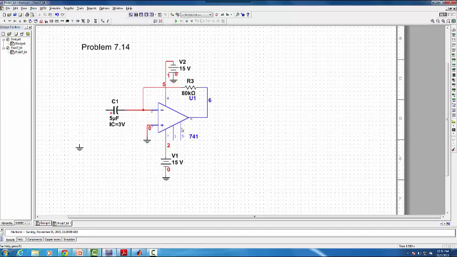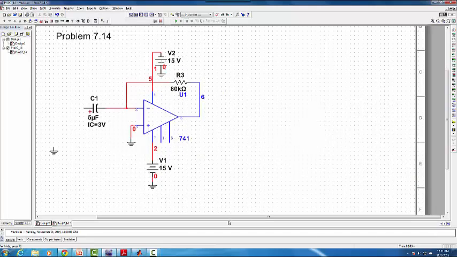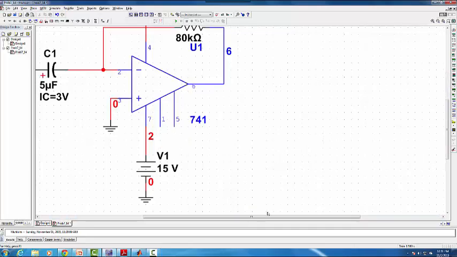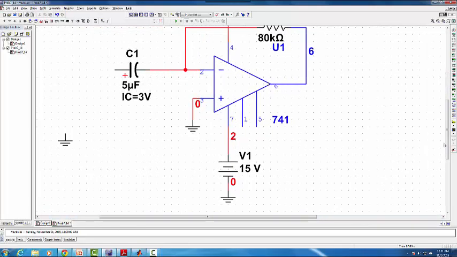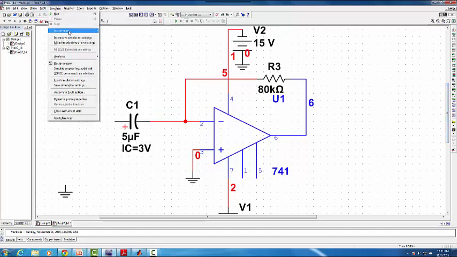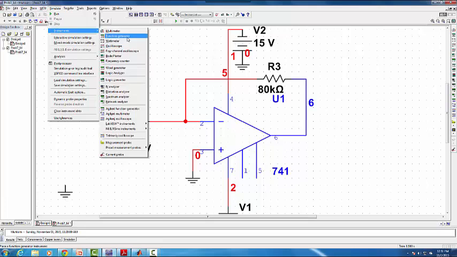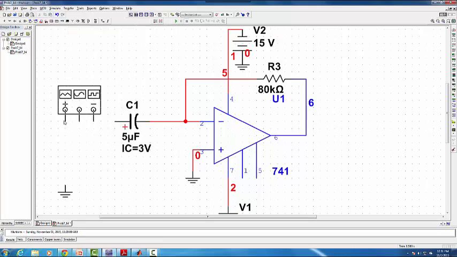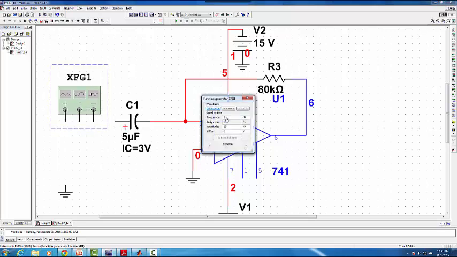There are some instrumentation choices that you can have. So under Simulate, Instruments, there is a function generator that I can pick. So I'm going to put a function generator in, and then look at what my function generator choices are.